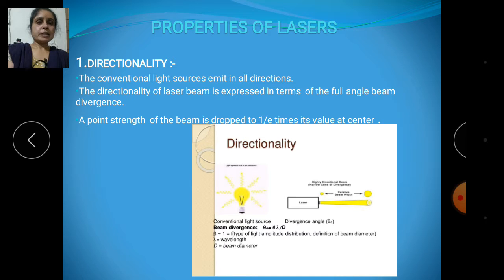The properties included are first directionality, second intensity, third monochromaticity, and fourth coherence. Let us study them one by one. First is directionality. In this property we discuss the difference between conventional light sources and the laser light source.